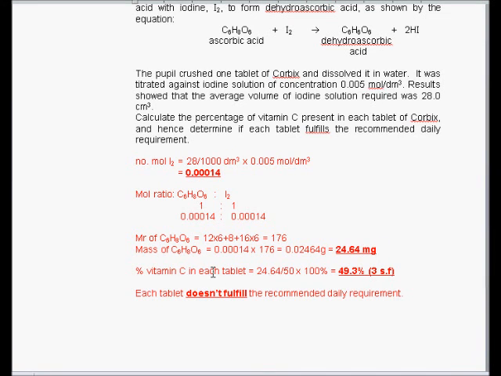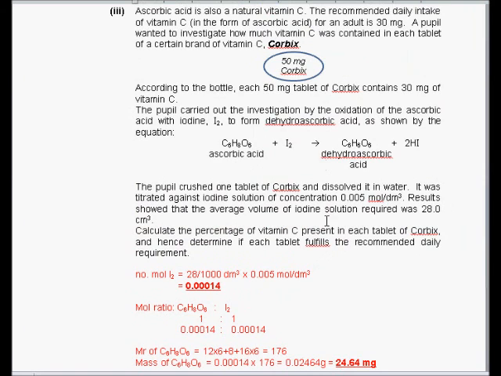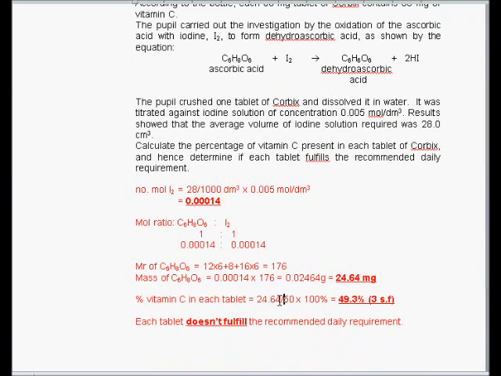And then the percentage of vitamin C in each tablet, the mass of each tablet is 50 milligram, so it should be 24.64 from here divided by 50 times 100%, and again it must be in 3 SF.